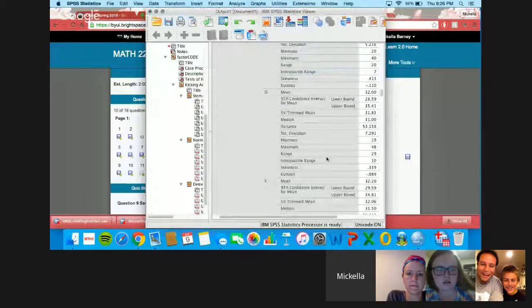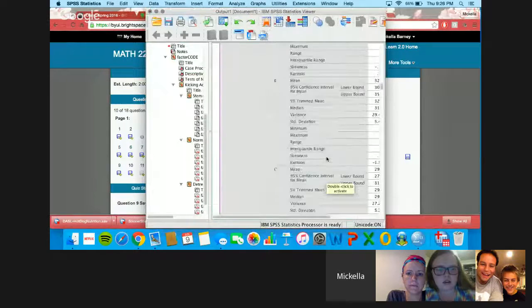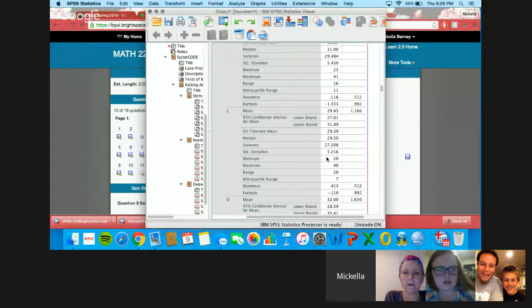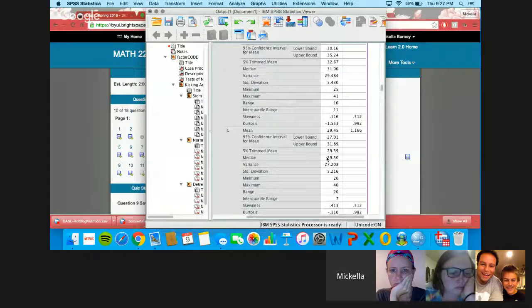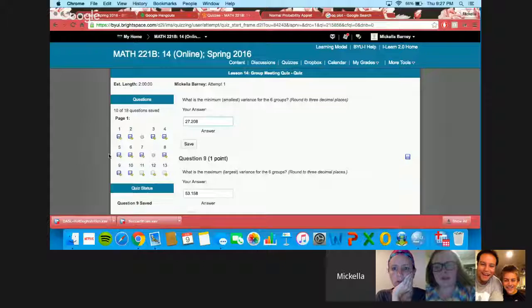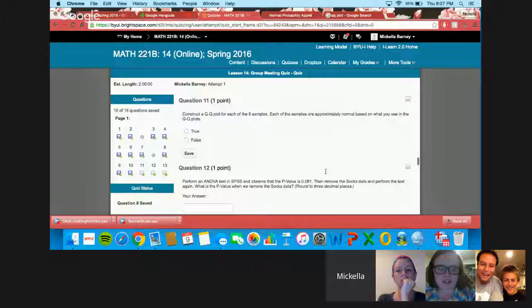Okay, and so the smallest was, okay, 27. Okay, so the smallest is going to be 27.208. Okay. Michaela, if you want to keep yours up, I can read them to you after. That'll be easier on you, not have to flip between them.